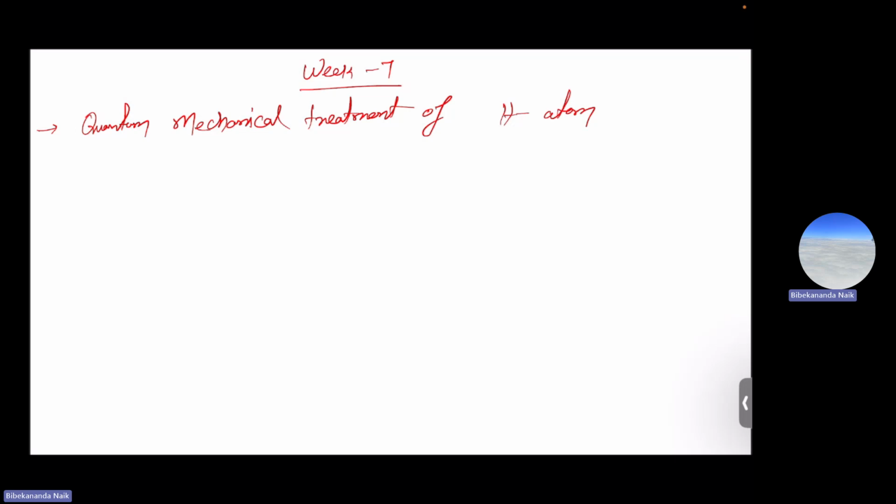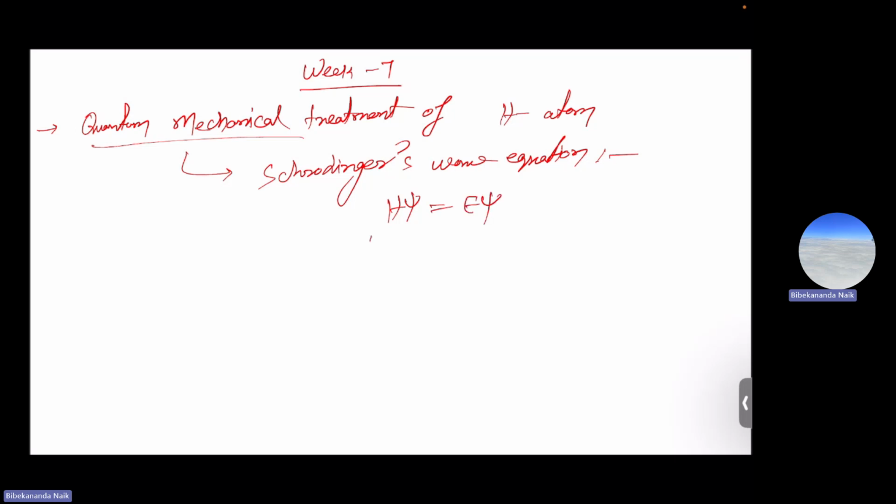In order to solve it quantum mechanically, we need to solve the Schrodinger wave equation. The Schrodinger wave equation is nothing but H psi equals E psi, where H is kinetic energy plus potential energy.